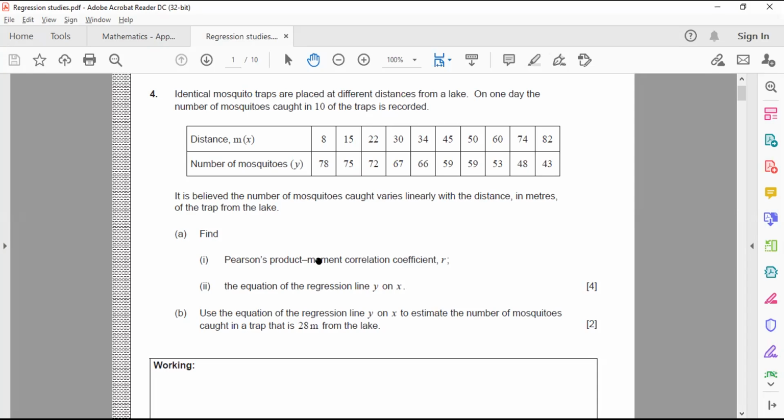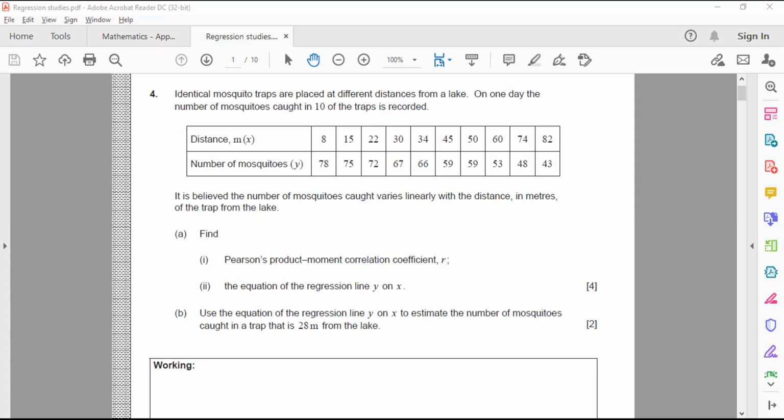This Pearson product moment correlation coefficient. Got it? So 0.99, minus 0.99.